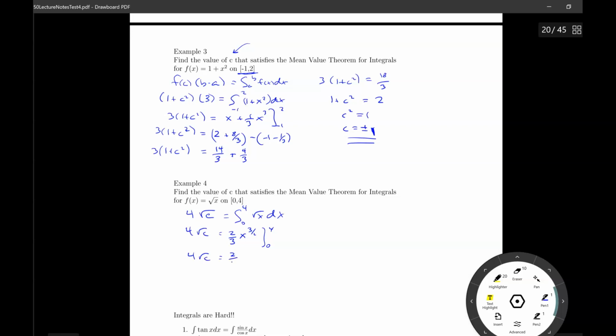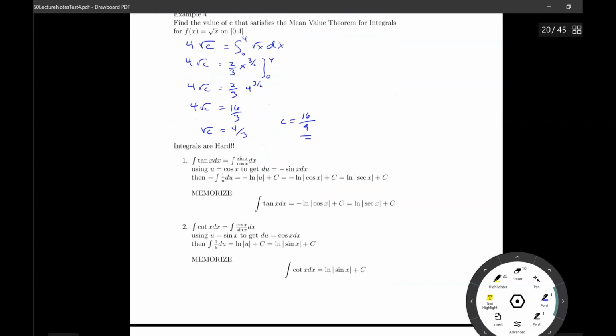So I'll get 2/3, 4 to the 3/2. So let's think about that a second. That's the same thing as saying the square root of 4, which is 2, cubed, that's 8. So 8 times 2 is 16/3. So root c divided through by 4, so that gives me 4/3. So be careful here. I'm going to square this, so I get 16/9. So that value is in between 0 and 4, and that's it.